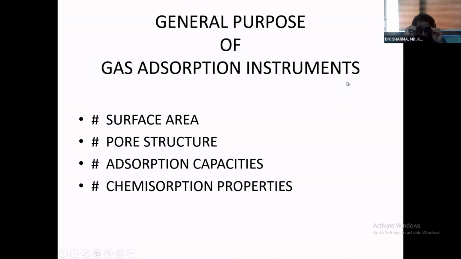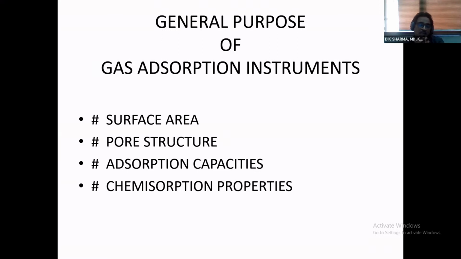And the purpose of a gas adsorption experiment could be one or all of them: to measure surface area, to find out pore structure, which means pore sizes and total pore volume. It also measures the total adsorption capacity, or what you call total pore volume.